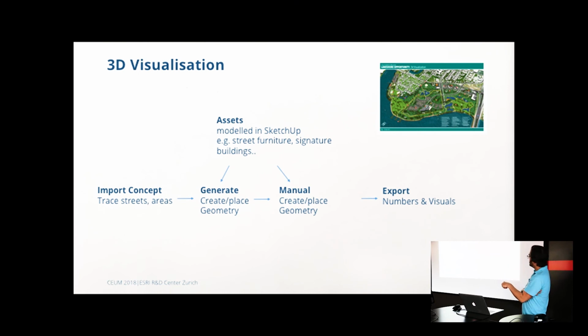You then generate and place geometry in this street network. You make some parcels and blocks, and you have assets that you might use to do that. And then you have stuff that you add manually, and then you export visuals and numbers. That's what they did, at least.